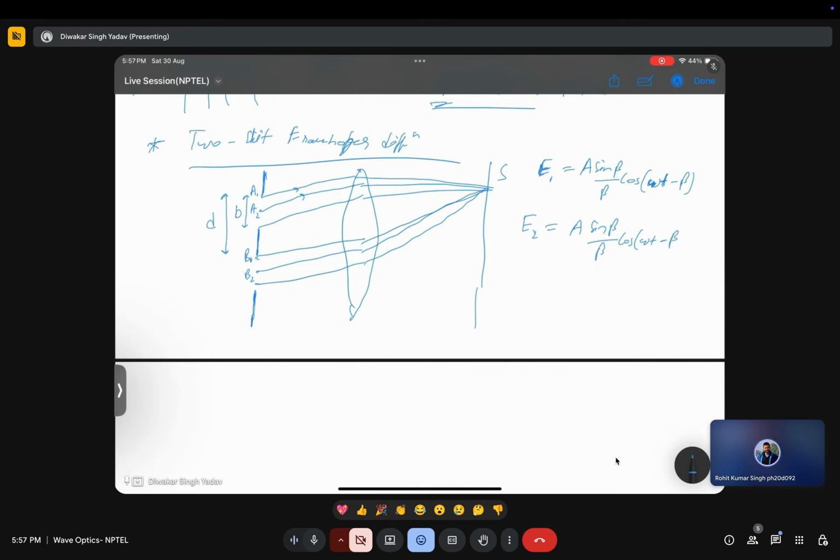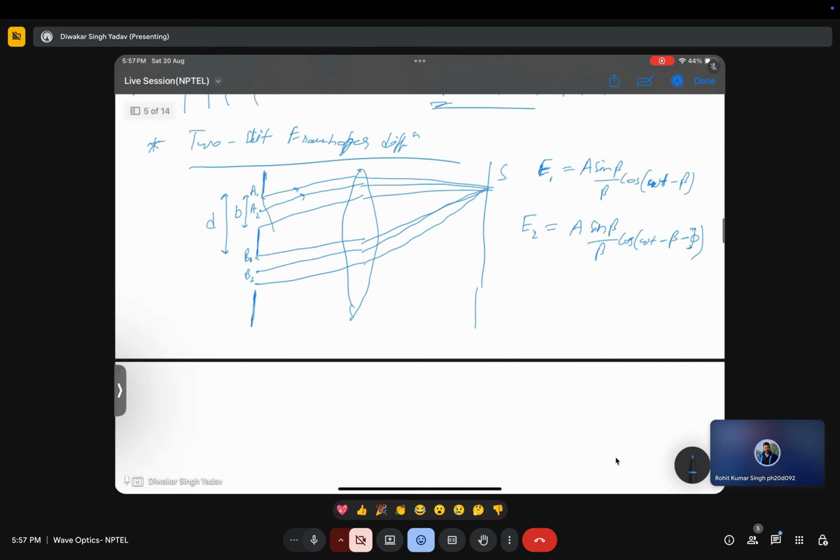Now should there be some phase difference here? Tell me. Yes, sir. Okay, so some phase difference will be there, right?